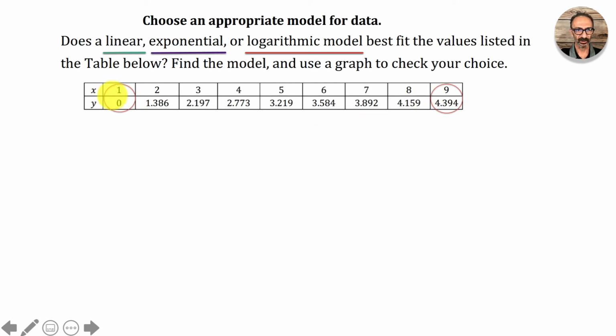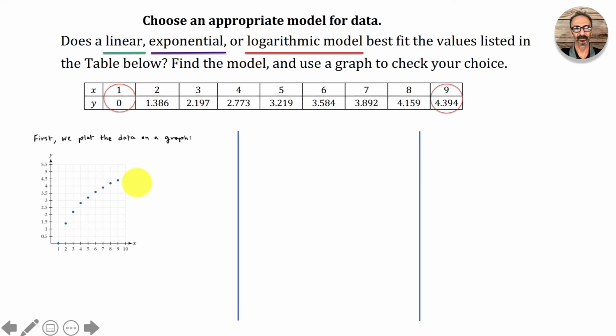Now, why is 1, 0 a key point? Let me show you. If you take your time to the best that you can, by hand or using a graphing calculator, put the numbers in a table and graph it, this is what I have. First, we plot the data on a graph. I could see clearly here it's not linear, so this is out. To me, it's not exponential.